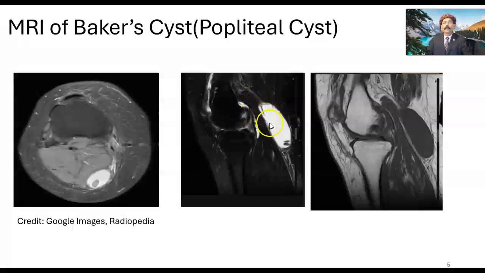Okay, sagittal section here, and here is the popliteal cyst. Again, this is another sagittal MRI section, most likely T1, and this is the popliteal cyst. Cyst by definition means a cavity containing fluid.